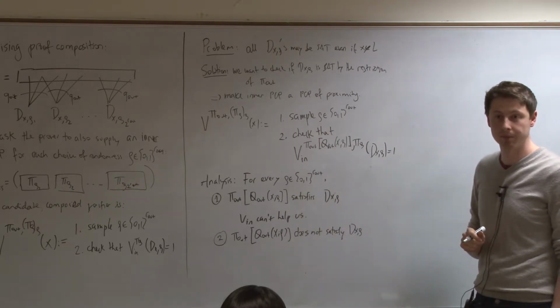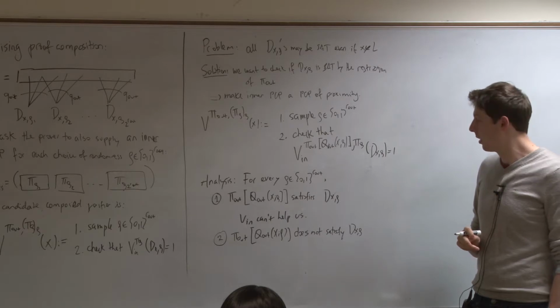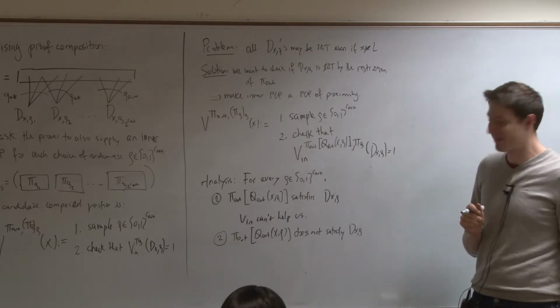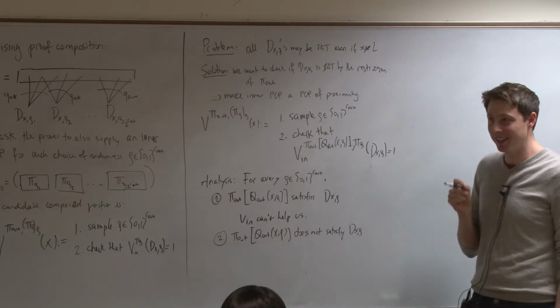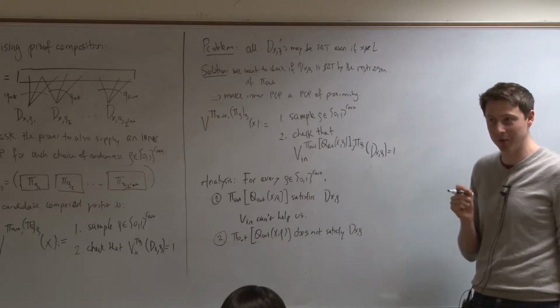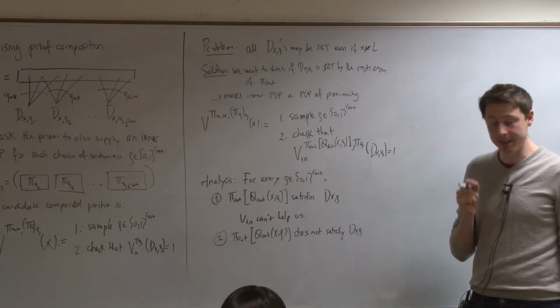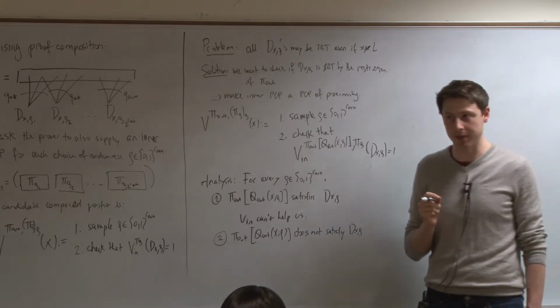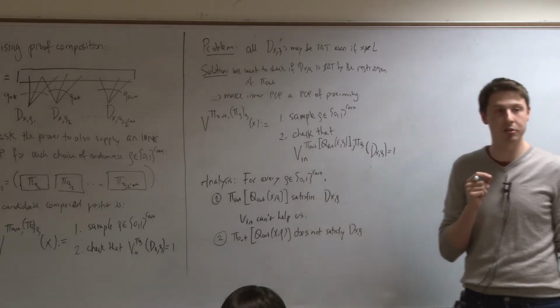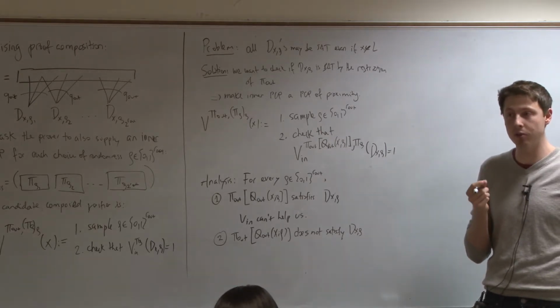Yes or no? The answer is no, because the PCP proximity has a guarantee that is a little bit more refined than that. What is the guarantee for PCP proximity? It doesn't say that if W is not a satisfying witness. It says something else. It has a stronger hypothesis. It says if W is what?